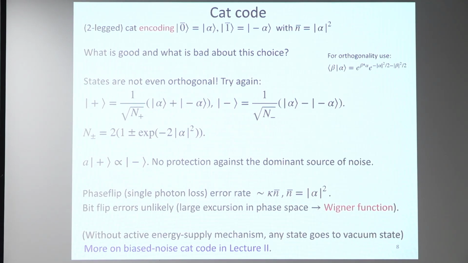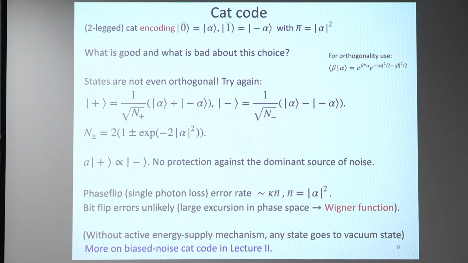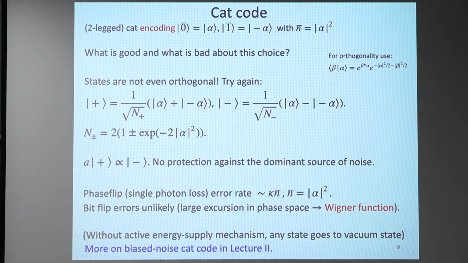So how does the probability for a phase flip error scale? It scales with kappa times the number of photons. This is a very important point, also for the next lecture: if we make alpha too large, then we increase our phase flip error rate.